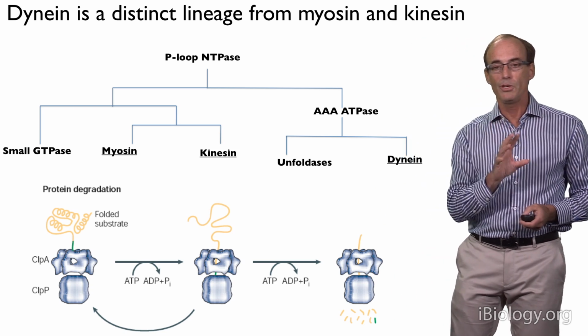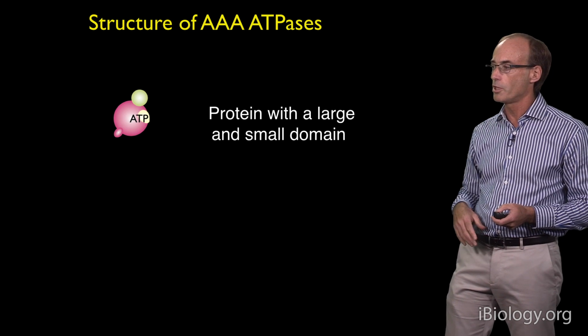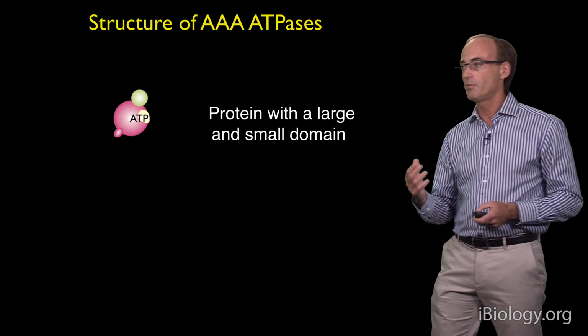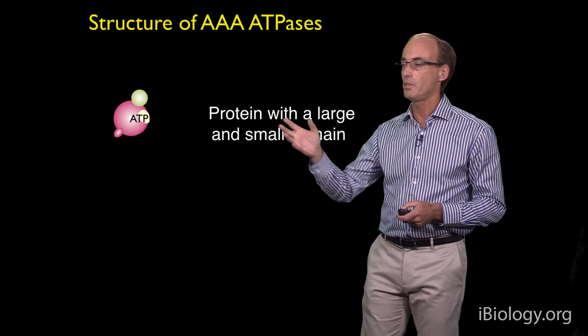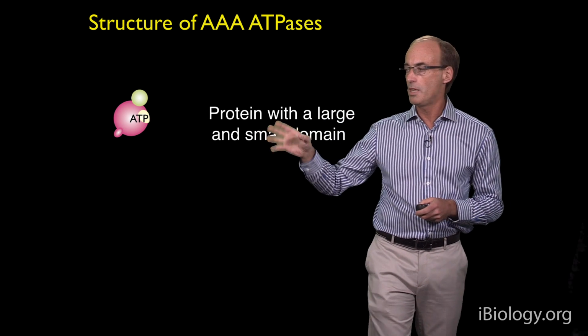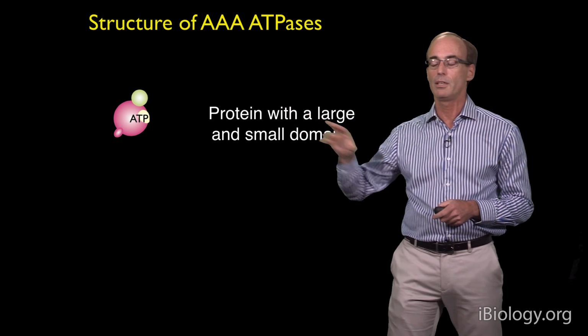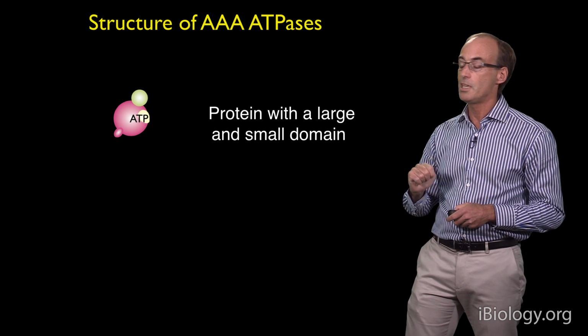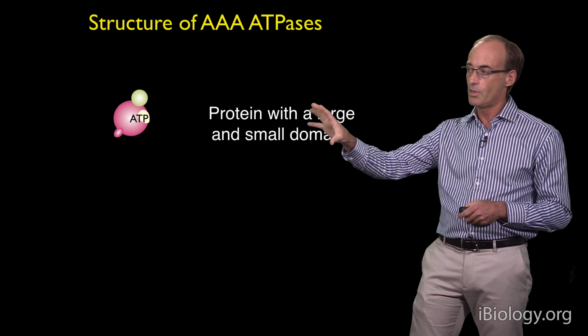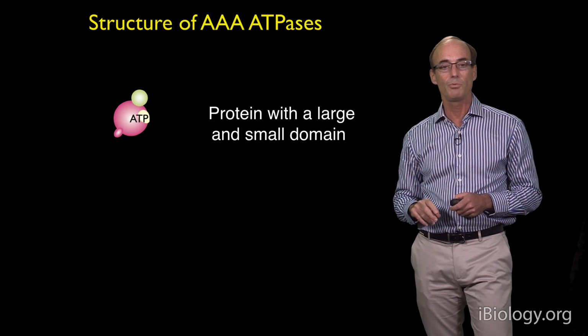So let me tell you a few things that are kind of more universal about these AAA ATPases. First of all, most AAA ATPases encode a relatively small protein that has two domains, a large domain and a small domain, and this is the basic ATP binding unit. But this single subunit is not the functional element of how these proteins work.